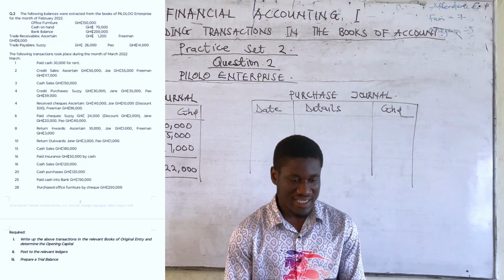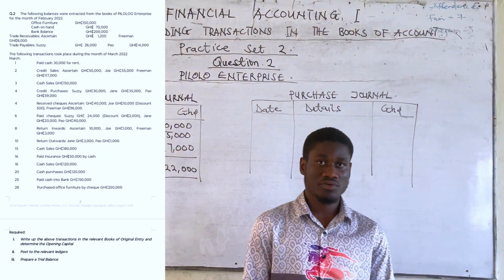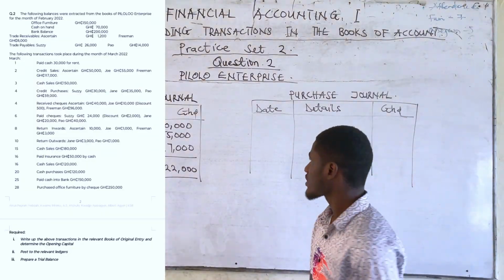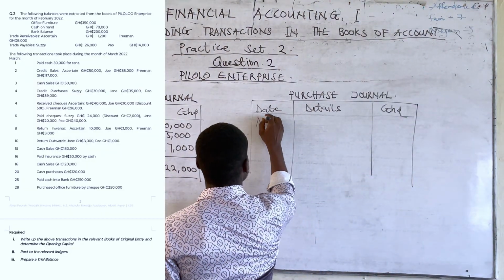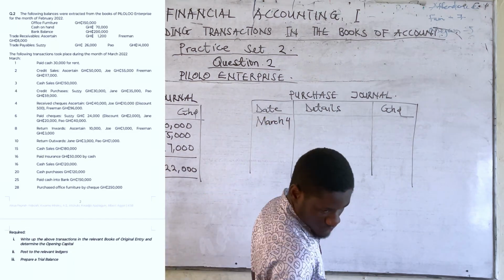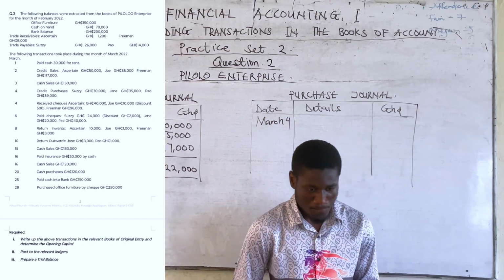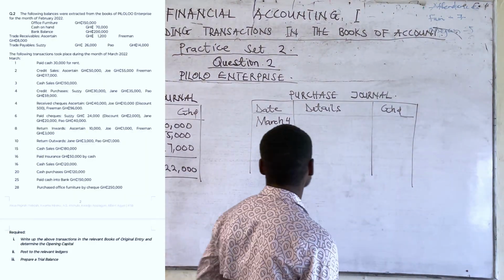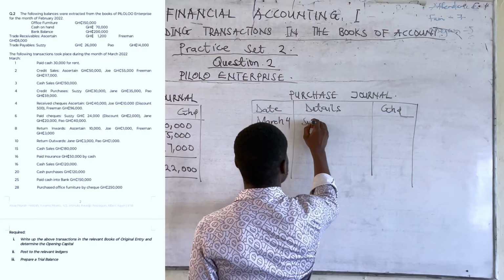Good. So when we come here, we will look for the credit purchases in the question. We will see that March 4th, there was credit purchases, and that was the only credit purchases. So March 4th, it was involving Susie, Jane, and Paul.